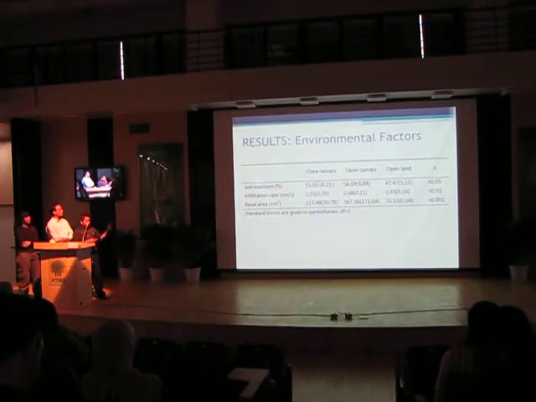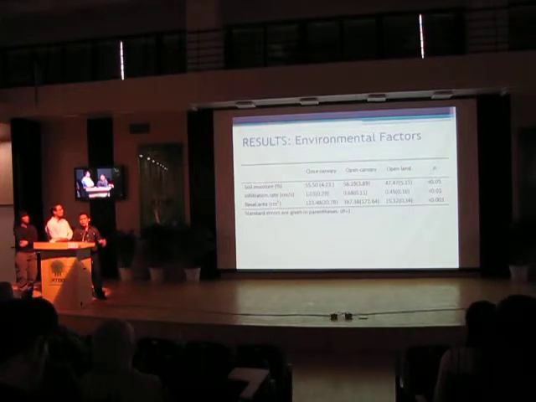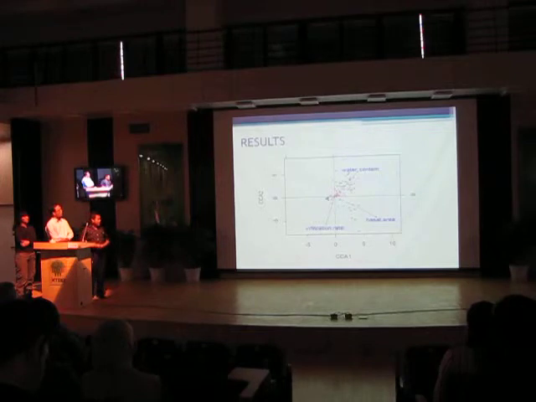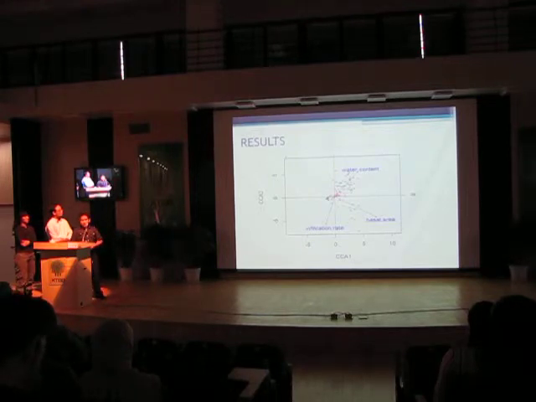Then we tried to interpret these factors affecting the orders. Based on this CCA plot, the three factors, water content, basal area, and infiltration rate, don't affect the distribution of taxons. The red ones are the taxons that we identified.